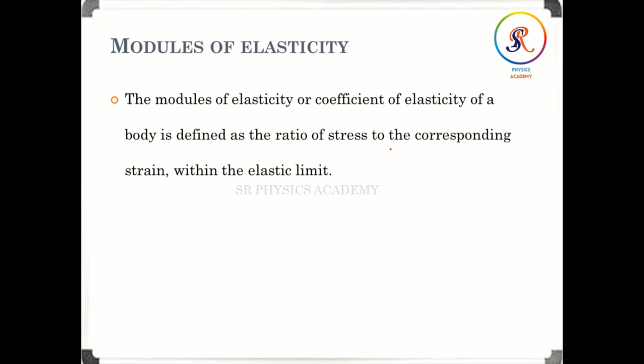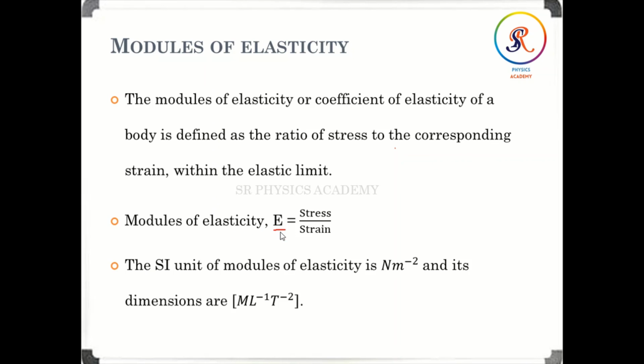So the modulus of elasticity, with the letter capital E, is E equals stress by strain. Clear now? The SI unit of modulus of elasticity is Newton per meter square, and its dimensions are M L^-1 T^-2.